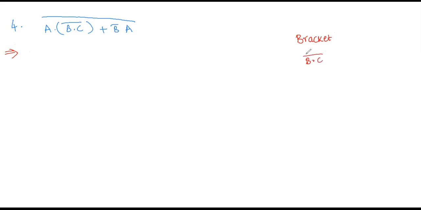B dot C bar. From De Morgan's first theorem, what does it indicate? X dot Y bar is equal to X bar plus Y bar. So similarly, here you write down A into B bar dot C bar, nothing but B bar plus C bar.